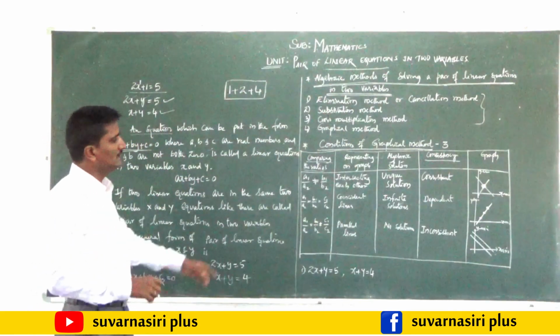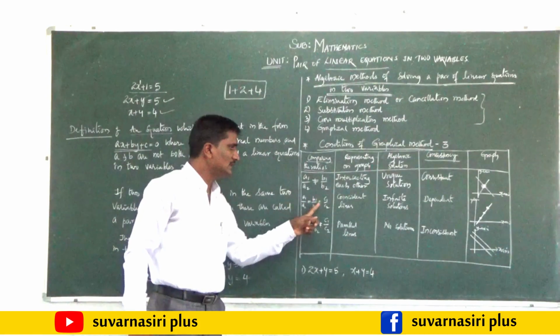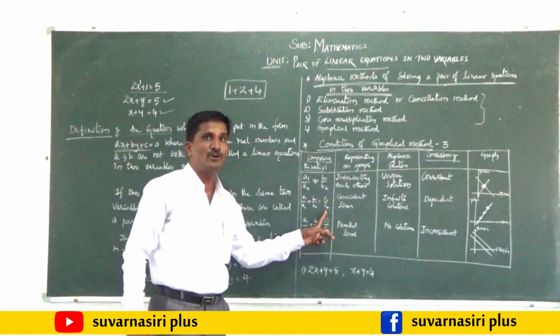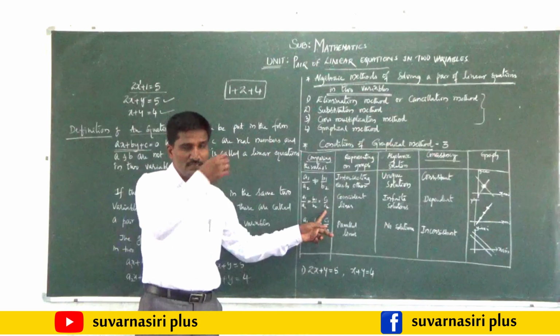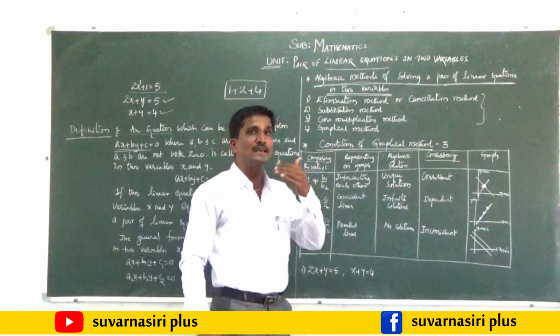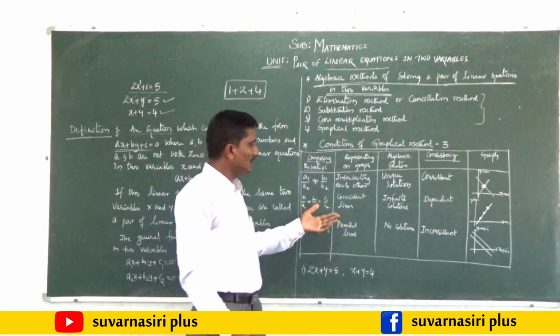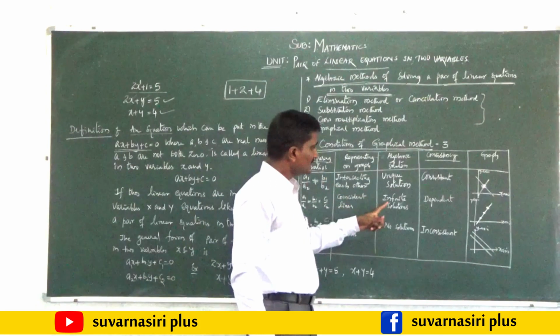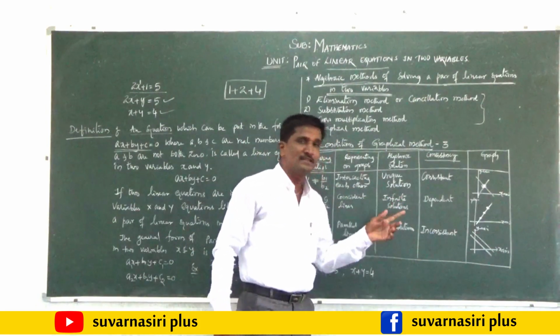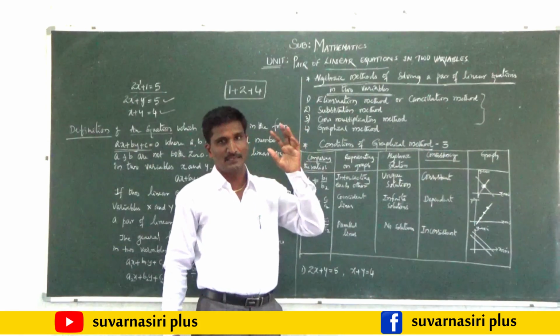The second condition is that a1 by a2 is equal to b1 by b2 is equal to c1 by c2. If all the ratios of the coefficients are equal, at that time the 2 lines are coincident or overlapping. It means we get infinite solutions, many solutions.